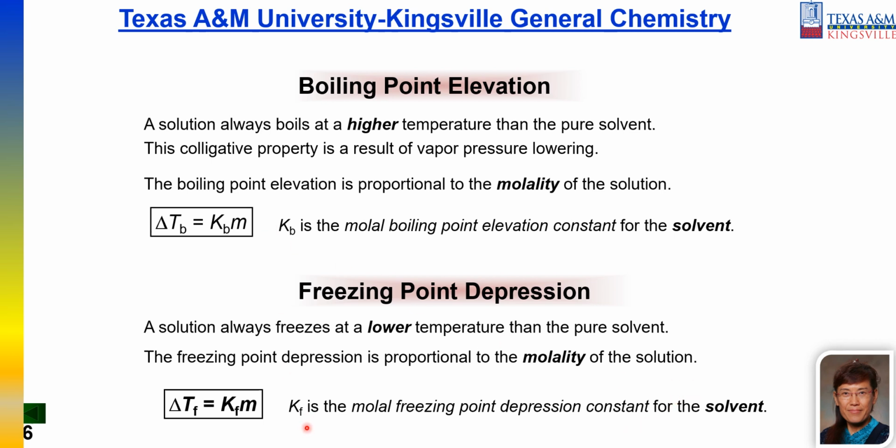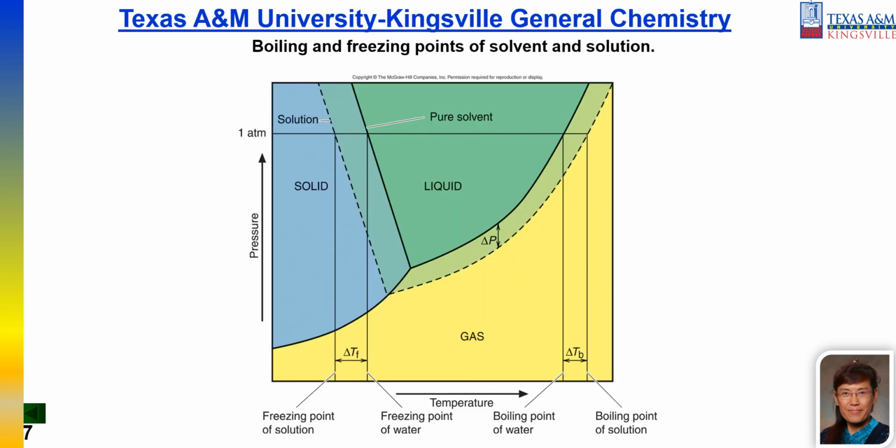Kb and Kf can be found from your handbook. They are the boiling point elevation constant and the freezing point depression constant. Be careful, these two values are different. Do not mix them up.